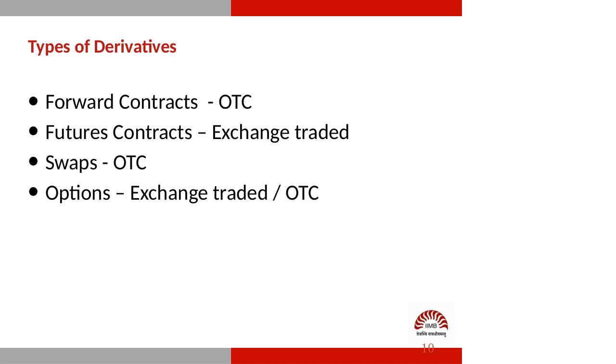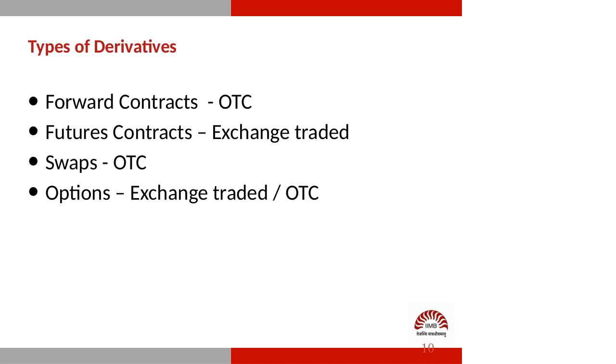I have already highlighted this. This is essentially, if you take the different kinds of contracts, what are traded where. So if you look at it, I haven't defined forward contracts, but forward contracts are nothing but OTC contracts, over-the-counter contracts. Futures contracts are exchange traded contracts. In fact, one of the things that you will also see is a futures contract is nothing but a forward contract that trades on an exchange.